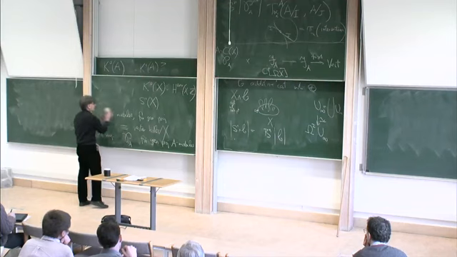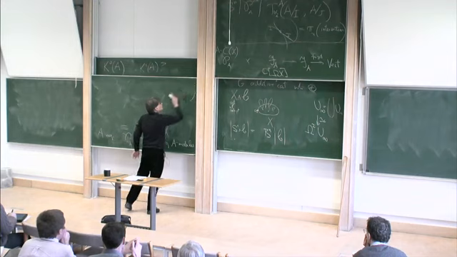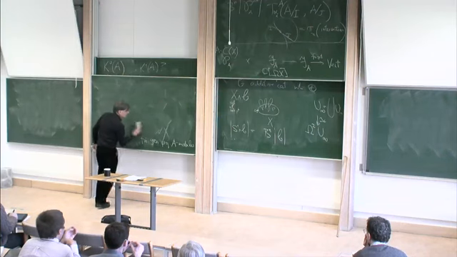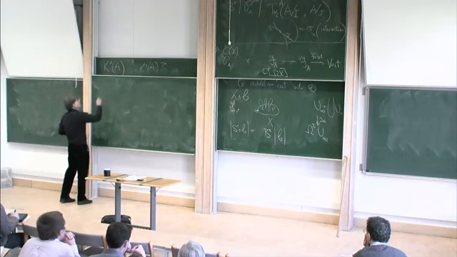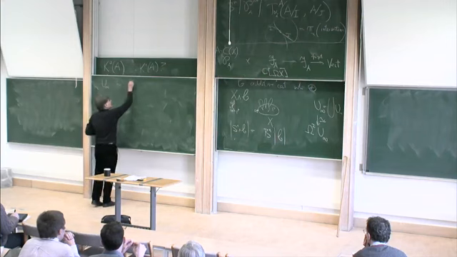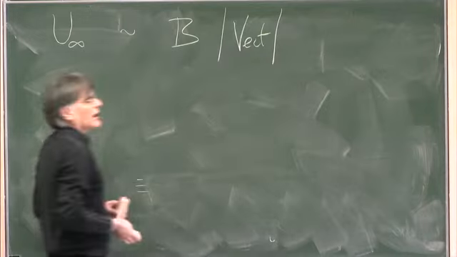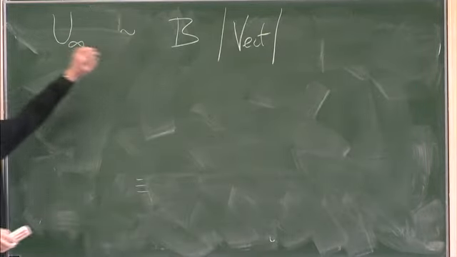The version which he liked to describe was the one where we relate U infinity to B of the category of finite dimensional vector spaces. So that will be equivalent to Bott periodicity if we prove a homotopy equivalence like this.